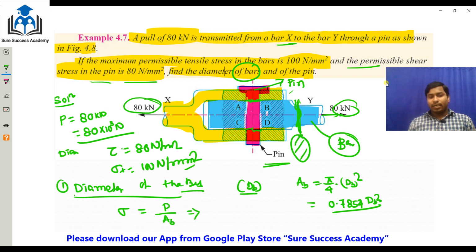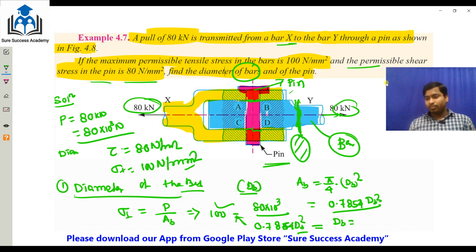So the tensile stress, 100, is equal to P, 8 into 10 to the power 3, divided by the area, 0.7854 dB square. Now you know this, and dB you don't know, so you just calculate. If you take the square root of that, then you will get dB as around 32 mm.